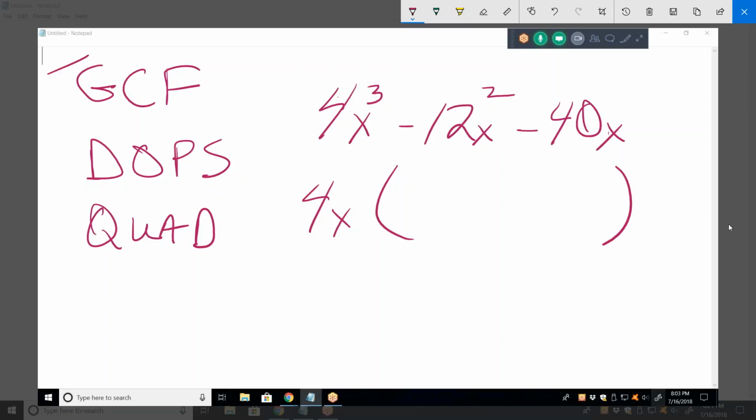Okay, hold on. What we're going to do is divide that by 4x. What's that equal to? It's okay. Okay, the 4's cancel. What's x to the third divided by x to the first? It's x squared.